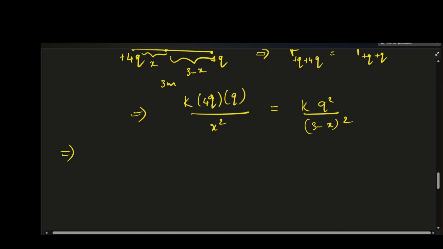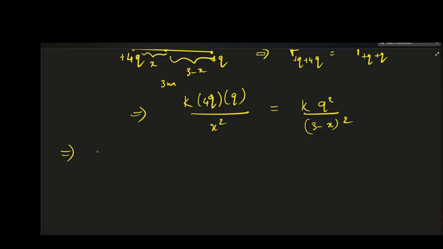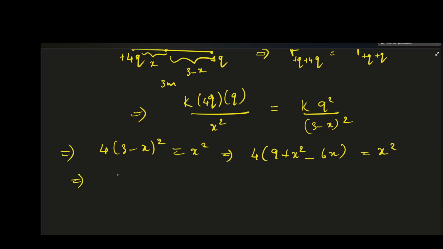Now this will be 4 into (3 minus x) whole square is equal to x square. By simplifying this, we will have 9 plus x square minus 6x equal to x square. By simplifying this, we will have 4x square minus x square minus 24x plus 36 is equal to 0.